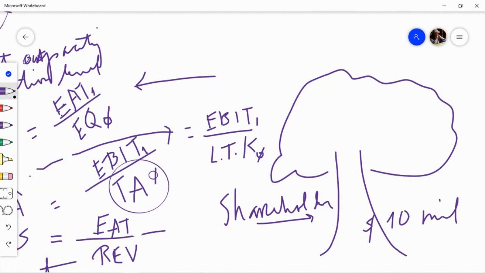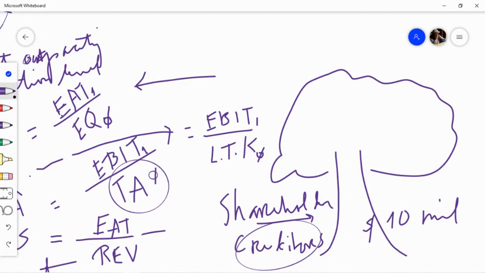It's possible, I mean, the tree bears golden fruit, right? It's not only shareholders, there are creditors. But creditors just lent money.